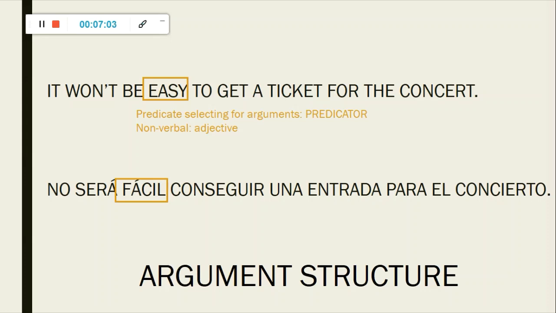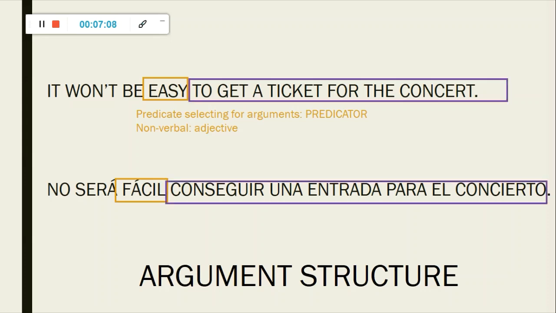We will see how many arguments are required by this nonverbal predicate. Easy selects for only one argument. This argument selected for by easy is the subject, to get a ticket for the concert or conseguir una entrada para el concierto in the case of Spanish. This argument has a theta role. The theta role in this case is the one of theme.